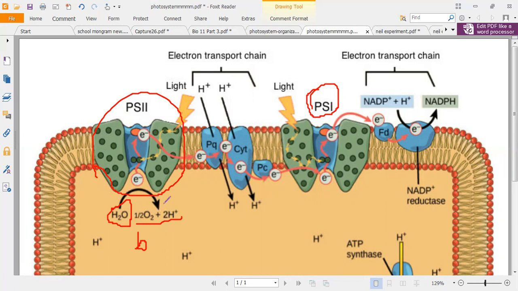This electron and proton have a great role. The electron, which is released by the breaking down of water, is accepted by the chlorophyll. You can see here, this electron is moving towards the hole of the chlorophyll, where there is no electron.